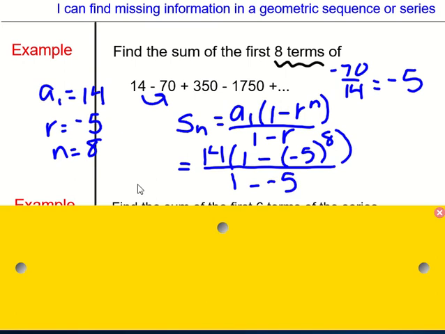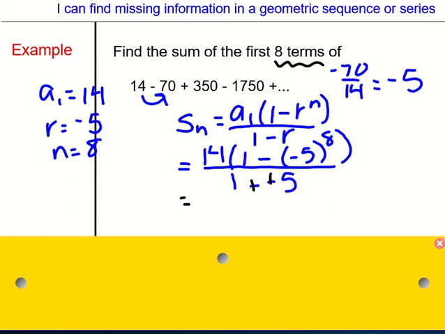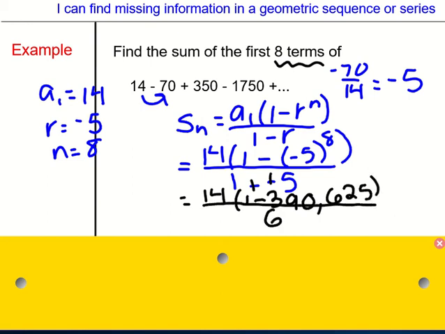You're going to notice two things. In the denominator, we're subtracting a negative, so we can make that adding. But in our numerator, we cannot do that because we're taking negative 5 to the 8th power. So this is actually going to become 14 times 1 minus 390,625, all over 6.